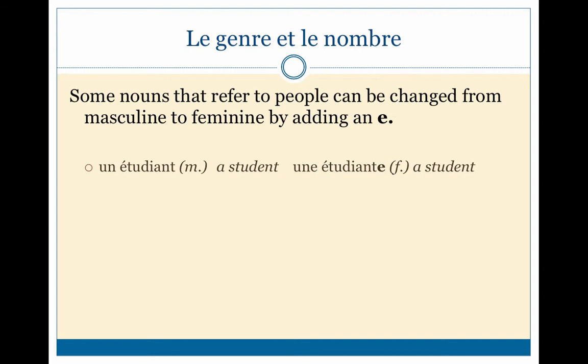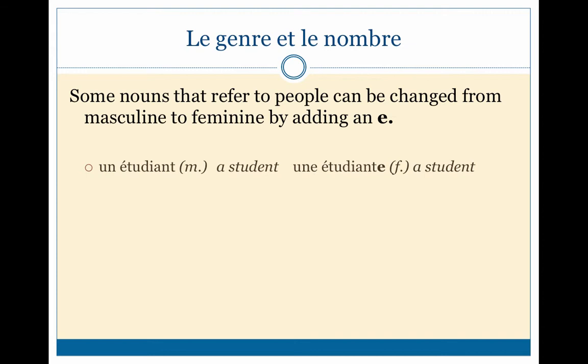Okay, so first we talked about the article, the indefinite article, meaning a, an, or some, that we need before the noun. Just a second ago, we talked about how do we make those nouns plural if they are. Now we're going to talk about how do we make those nouns masculine or feminine. Because some of them can be changed depending on what they're referring to.